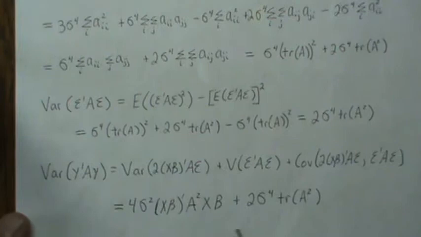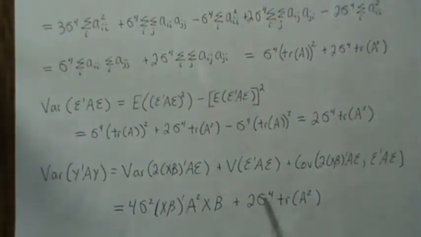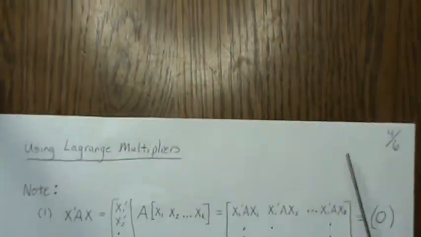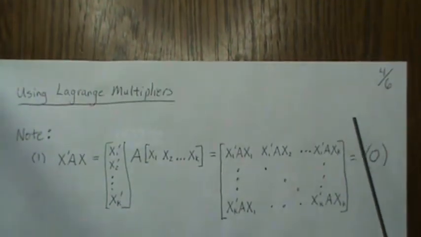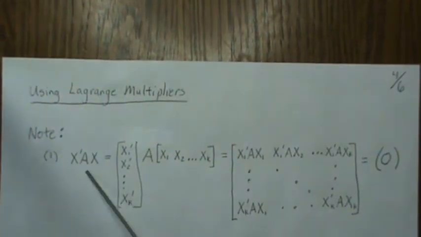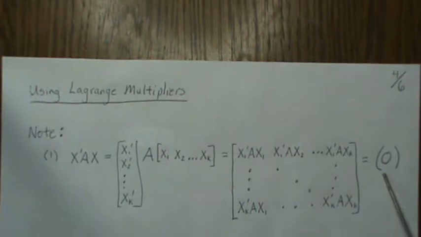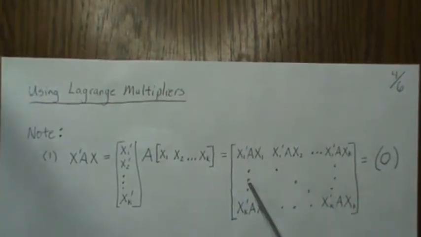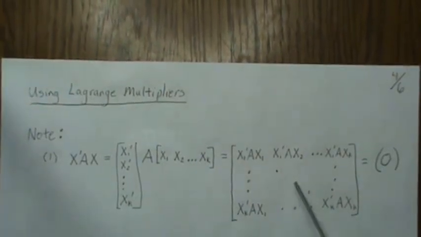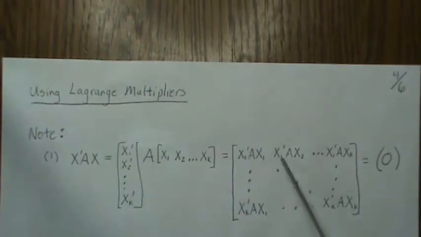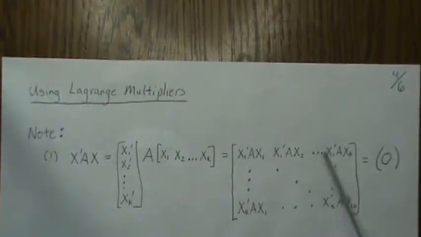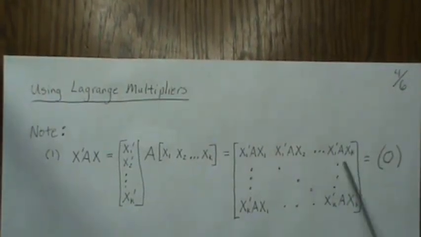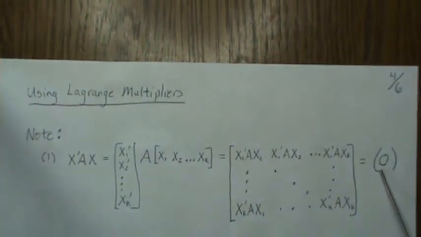Okay, so now we're going to take the derivative of this function, adding in our Lagrange multipliers. A couple notes: remember the condition that this is 0, and so this is the matrix after multiplying that out. So we have to have a Lagrange multiplier for every one of those, set it equal to 0, add them all up, set it equal to 0.